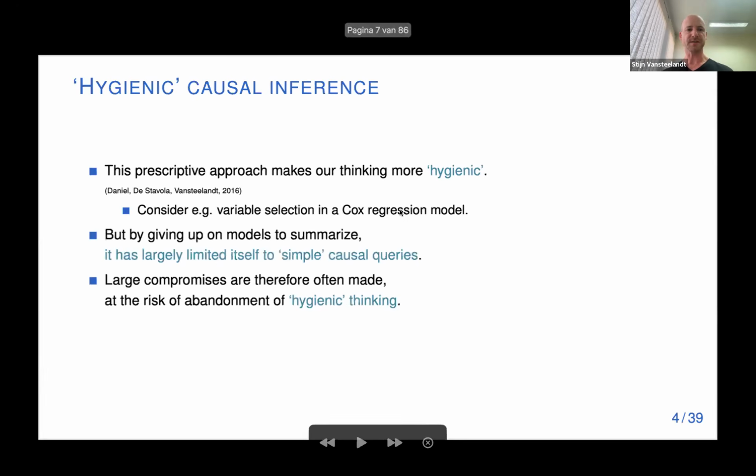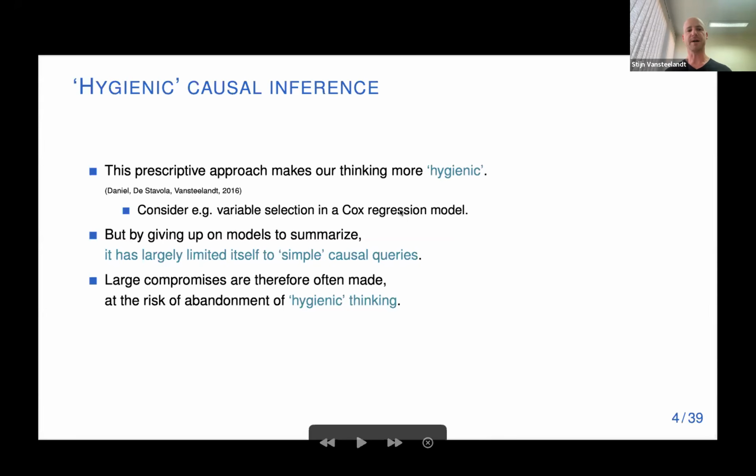Now, I'll also give a bit of critique to this prescriptive approach to causality, and that is that by giving up on models to summarize patterns in the data, I think that the prescriptive approach to causality has largely limited itself to simple causal queries.